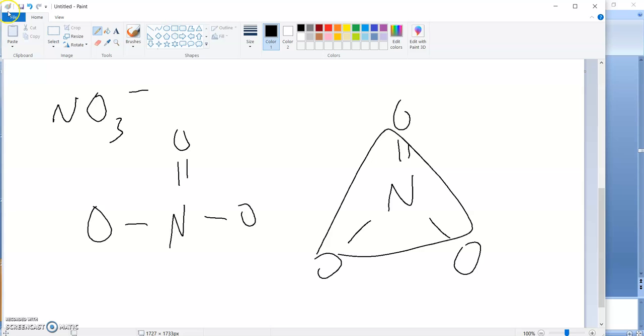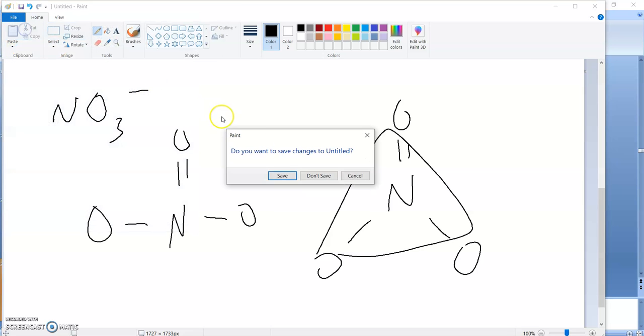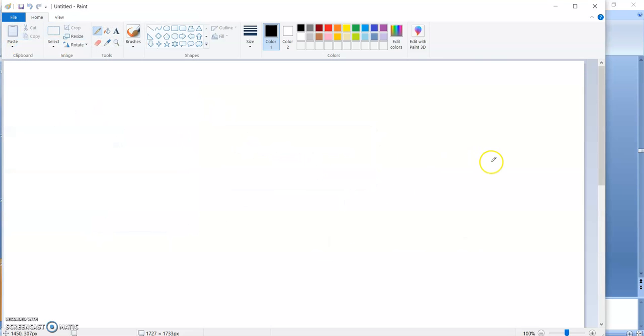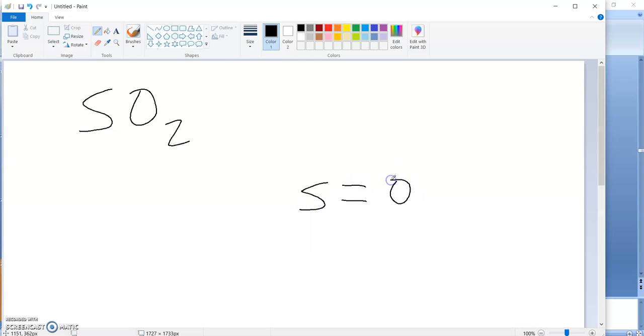Now, let me try another one. The sulfur dioxide molecule, SO2. If you do a Lewis structure for that, you get this. And again, there's lone pairs on the oxygens that I'm not going to waste time drawing.